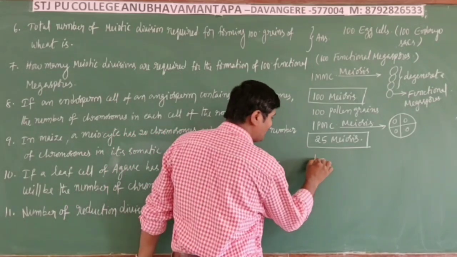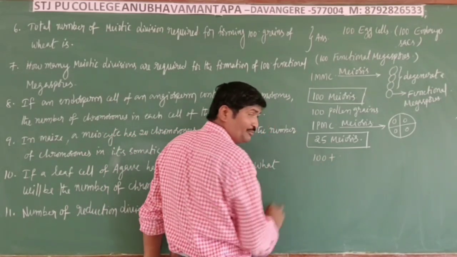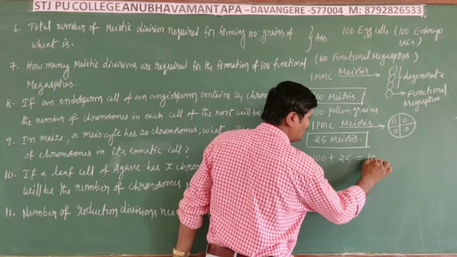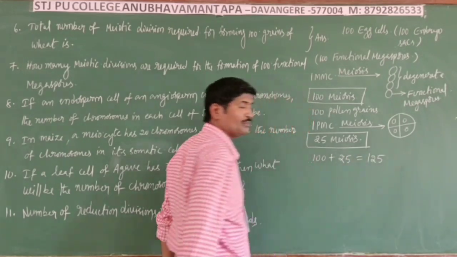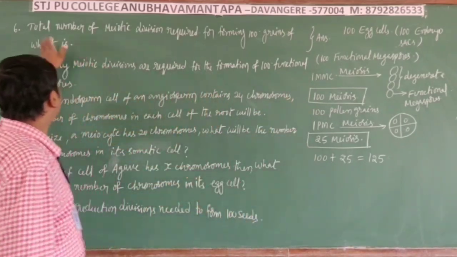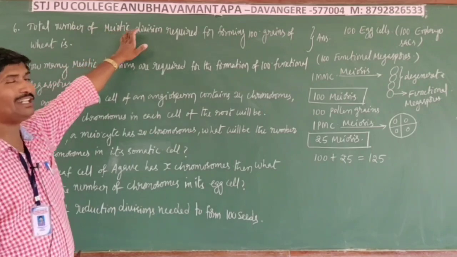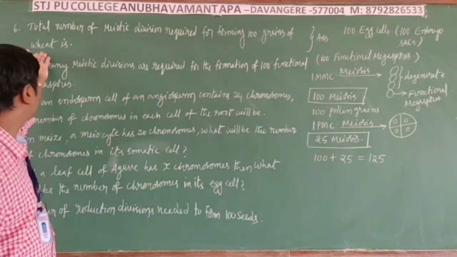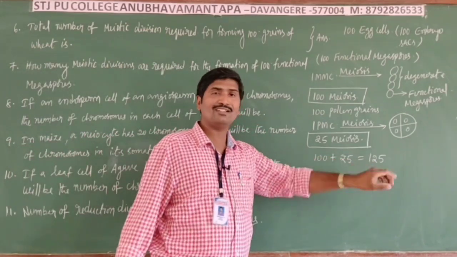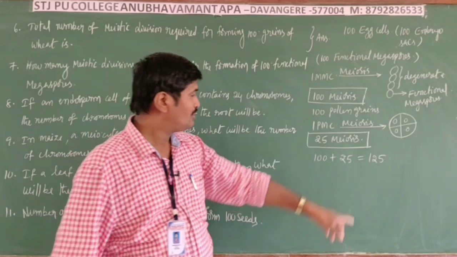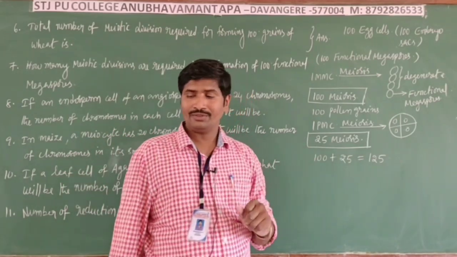That's why 100 plus 25, that is total 125. The total number of meiotic divisions required for forming 100 grains of wheat is, answer, 125. See next one.